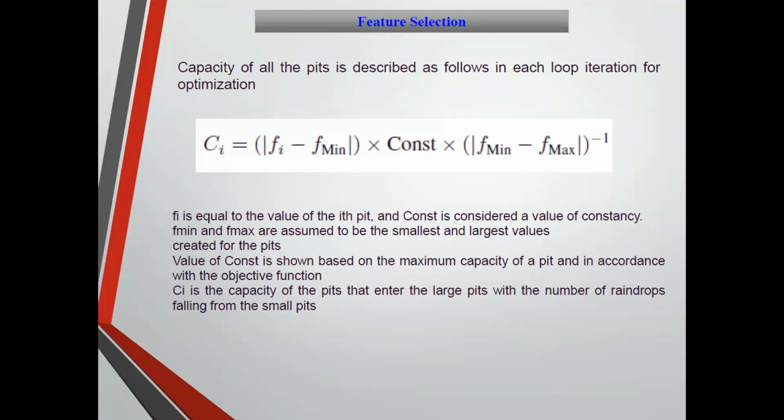The value of the constant is also based on the maximum capacity of pits and in accordance with the objective function. Also, C_i is the capacity of the pits that enter the large pit with the number of raindrops falling from the small pits. So this is one of the proposed methods for the feature selection stage.